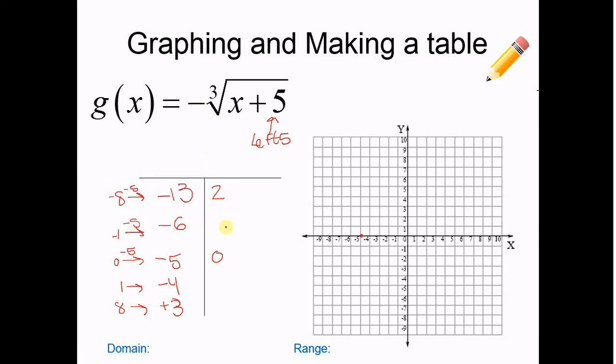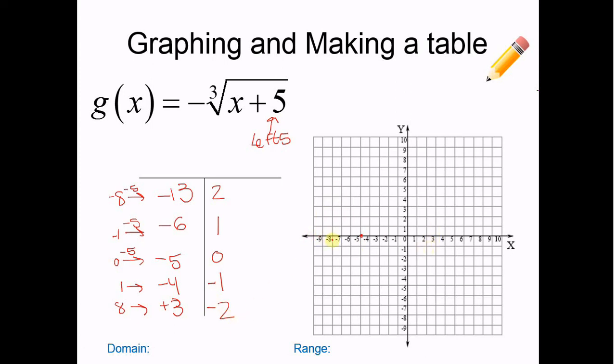Negative 6 plus 5, that's negative 1, cube root of negative 1, negative 1, positive 1. Negative 4, it's going to give me a 1, cube root, 1, negative 1, and 3 plus 5, that's 8, cube root, 2, negative 2.